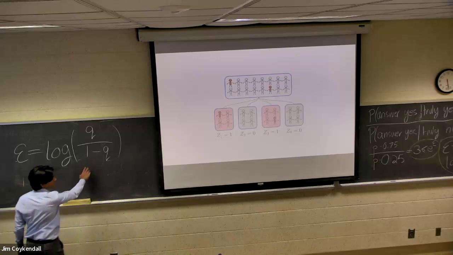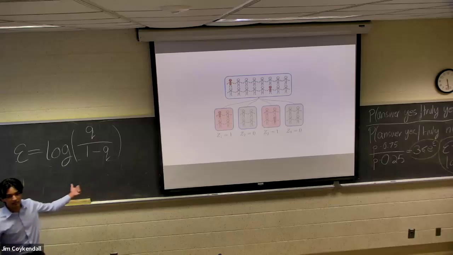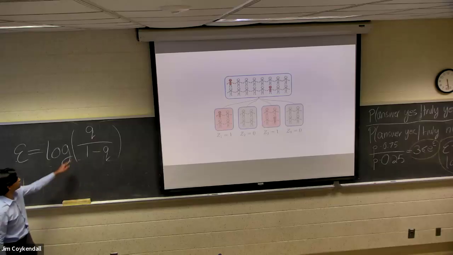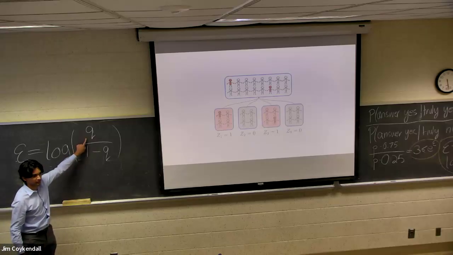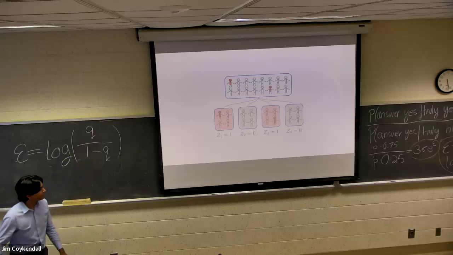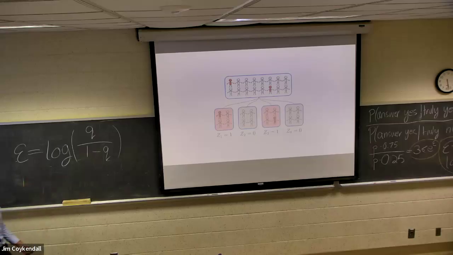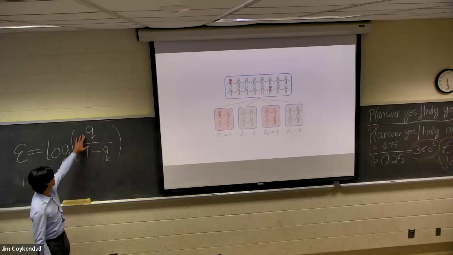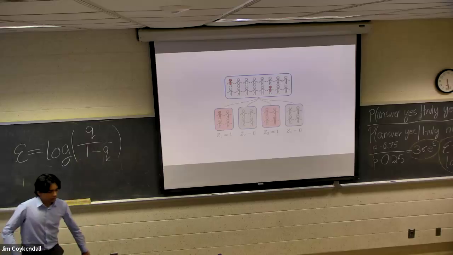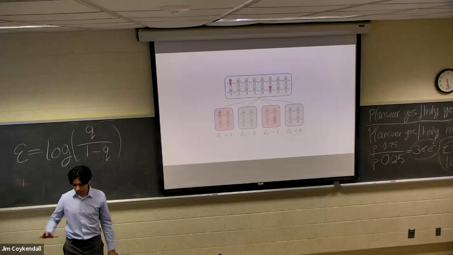Like say you wanted to achieve log 3 privacy here. I'm going to tell you instantly, oh, you need Q equals 0.75. That's what your weighted point should be. If I wanted log 2 privacy, you would need your Q to be 0.666 repeating in order to get that. Okay, so similar idea with group testing.